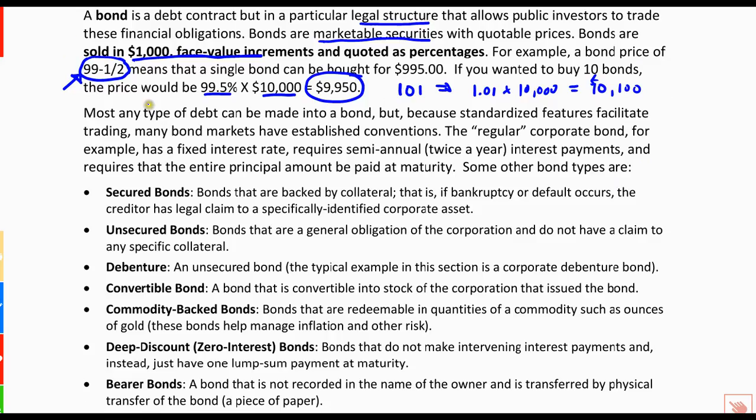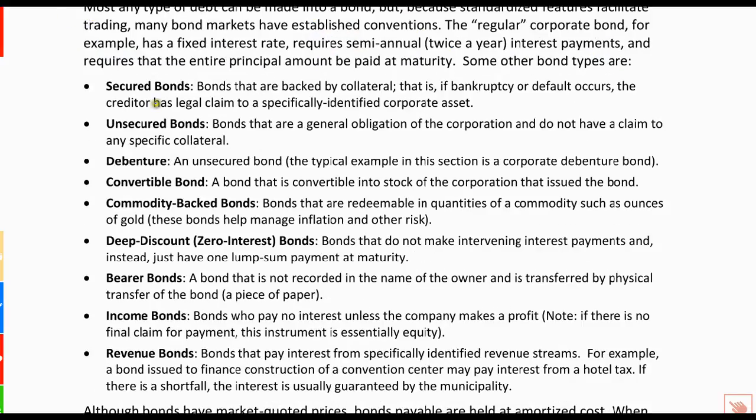A bond's name often gives you some information about either the risk of the bond or the structure of the cash flows. What follows here is just a bunch of different bonds and bond features. These are questions that might come up in a multiple choice or conceptual question.